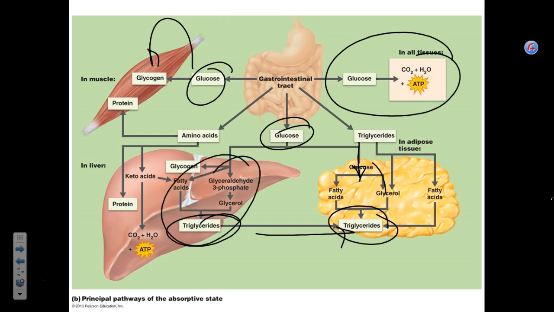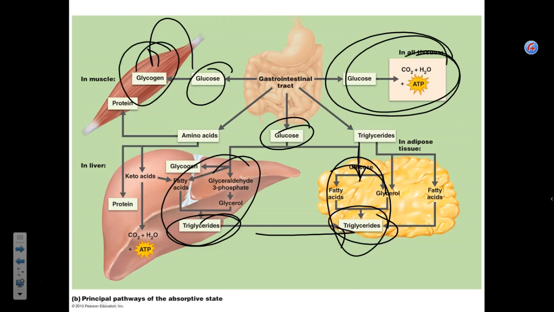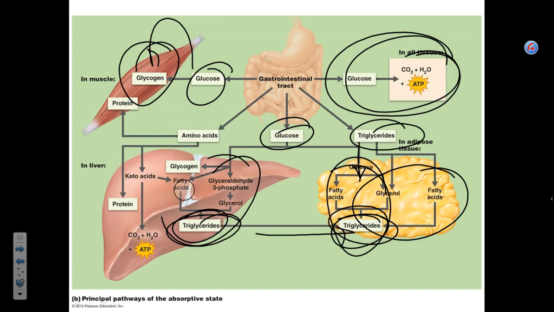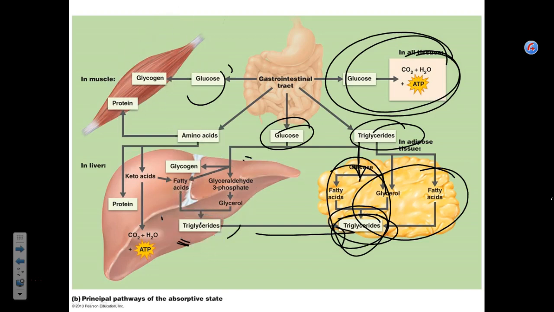So glucose can be used for glycogen synthesis, ATP synthesis, or fat synthesis. Triglycerides: storage. Just think about this. Fat will be used for storage. Proteins, amino acids: protein synthesis, or some of it is going to be used for ATP synthesis.